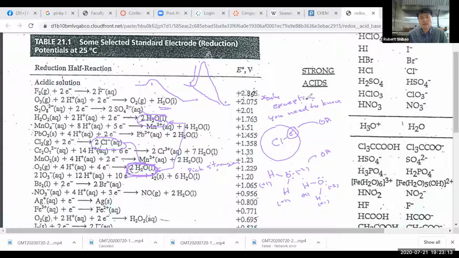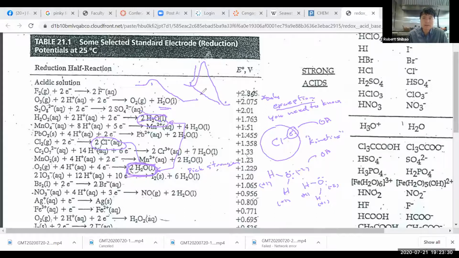And so this is why this is an exception. We would predict water to be the better reducing agent, but it turns out when it's water versus chloride, chloride wins because of something called kinetics versus thermodynamics.